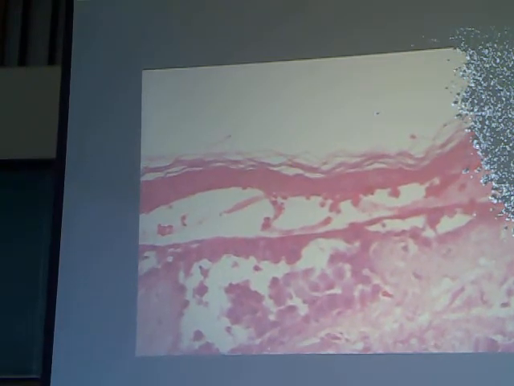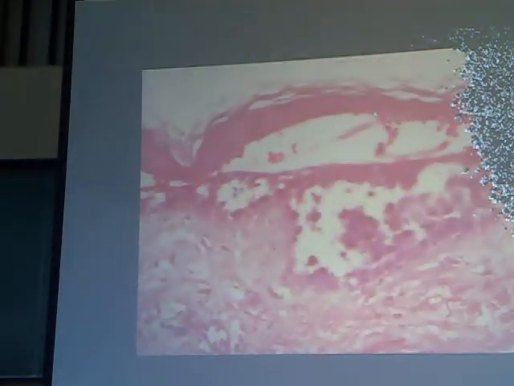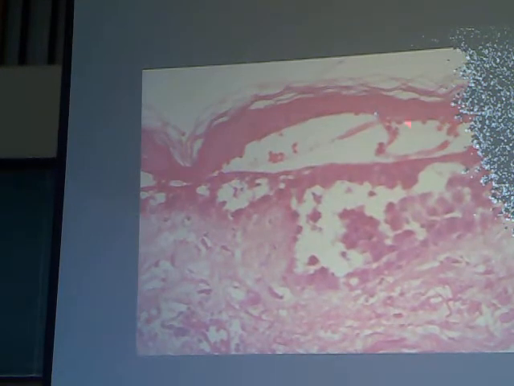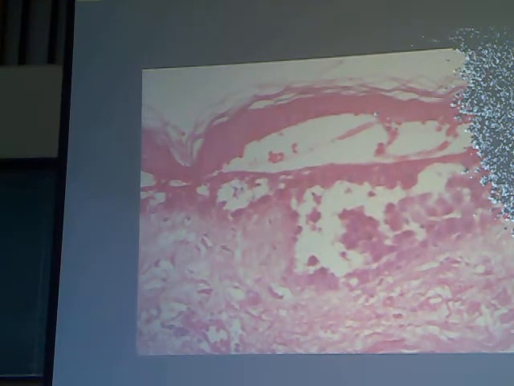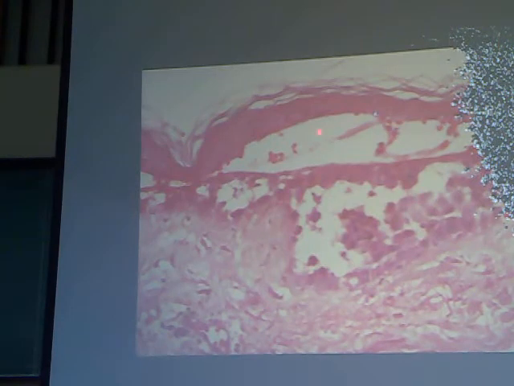However, the basic pathology that you should be able to identify for pemphigus will be the presence of a blister in the stratified squamous epithelium. That blister will be formed secondary to the attack of the antibodies.